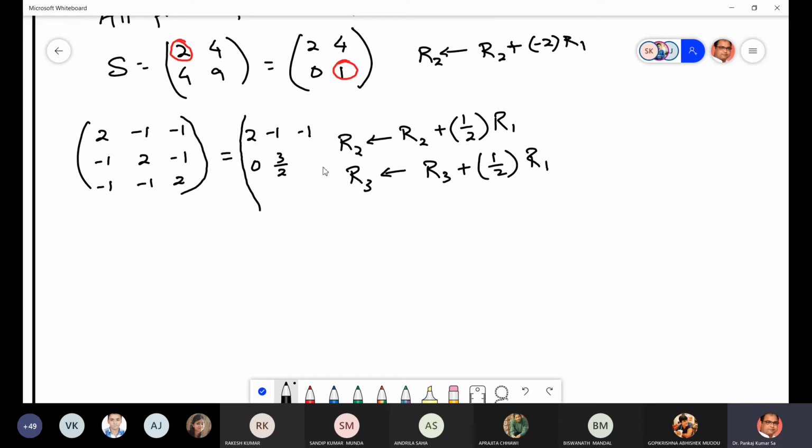And the third one is minus 1 minus half, so that is negative 3 by 2.